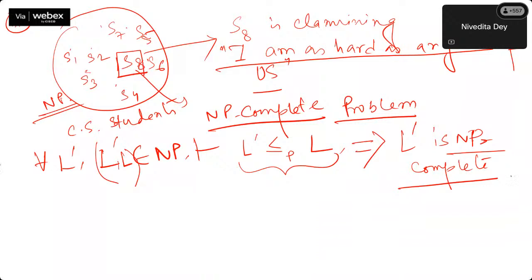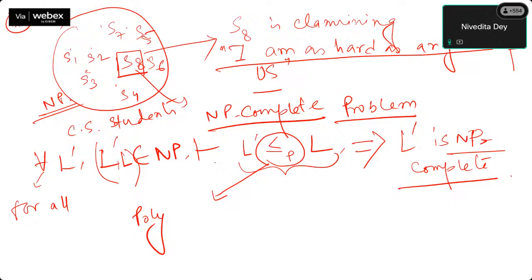What do I mean? This is the for-all symbol. So for all L dash, which is a generic one, such that L dash and L, like what I want to compare with whom I want to compare, when both are in the same set, under the condition that they belong to NP, such that L dash, that is any problem, is less than or equal to P of L, where this is called polynomial time reduction.